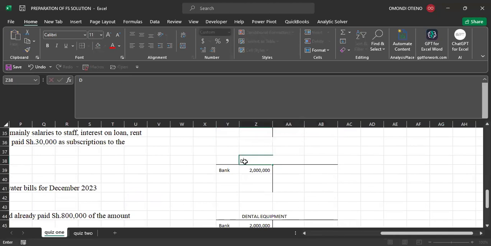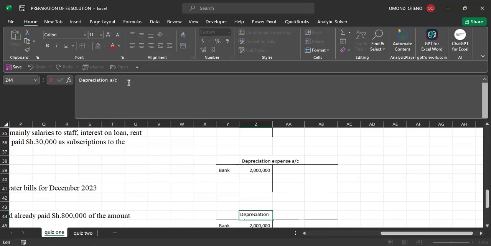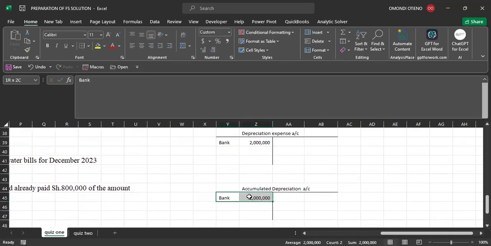We are going to have a depreciation expense account, right? Then we are going to have accumulated depreciation account. Now, let's do away with these balances that we will copy down here.